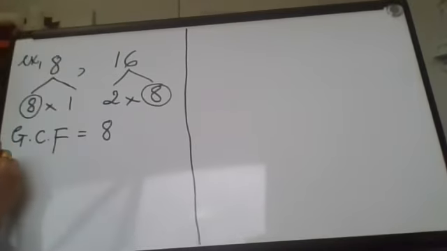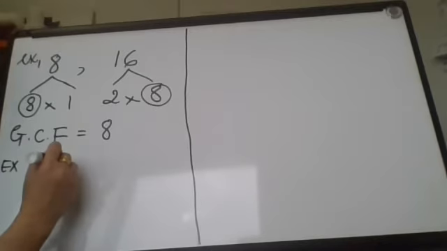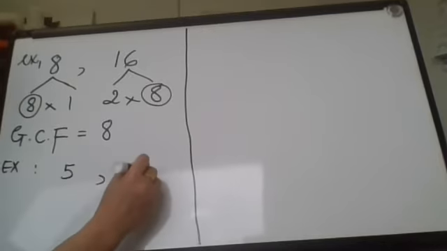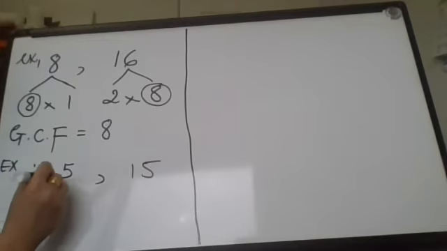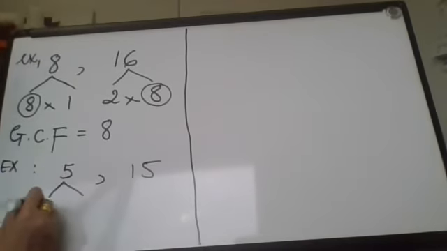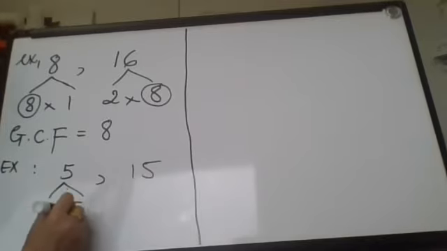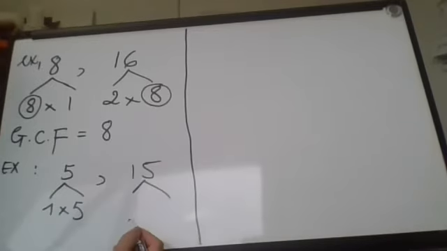I'm going to go to the next example. Let's say this time you have the numbers 5 and 15. Again, I'm going to break them down. For 5 there is only one choice, which is 1 times 5. And for 15, you can have 15 times 1, which is the biggest one, but you don't want to do that.